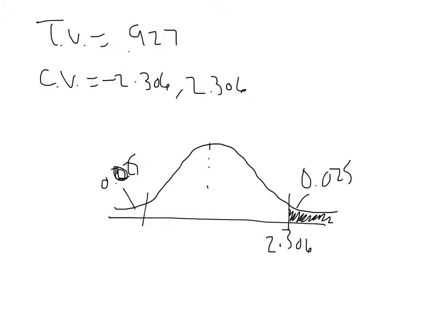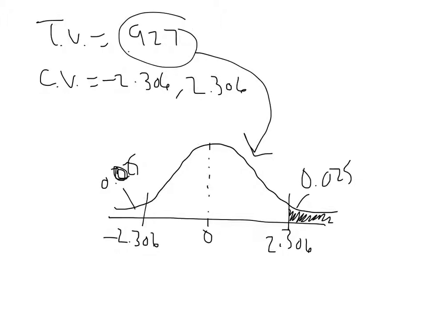This right here is 0, and this right here is negative 2.306. And what we computed for our test value, we're going to put into here. So I'm going to guess that it lies right here, 0.927. And as you can tell, the 0.927 does not fall in the shaded region. So for that reason, we would not reject.